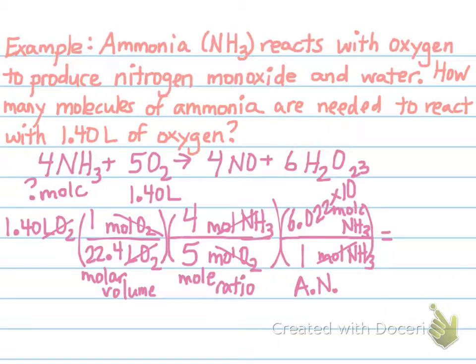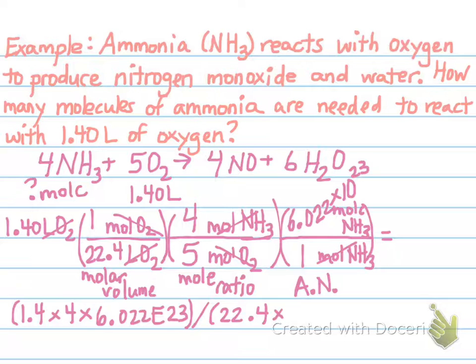So on my calculator, I'm going to do 1.4 times 4 times 6.022, I'm going to use that E button, 23, divided by, I have to use parentheses because I have more than one thing I want to divide by, 22.4 times my 5.